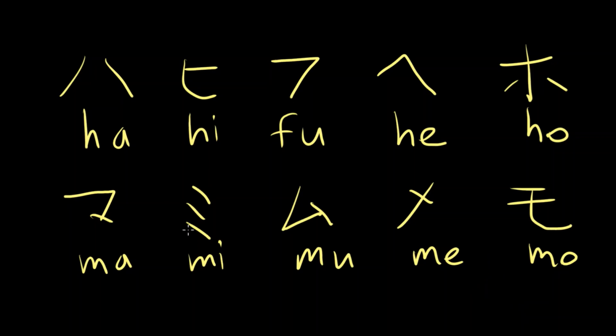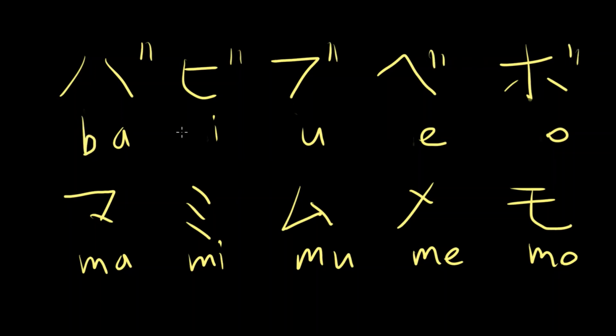Right, now the ha line can be modified with ten-ten as well as maru to go to two different, I guess, similar sounds. So using ten-ten, we get a B sound.